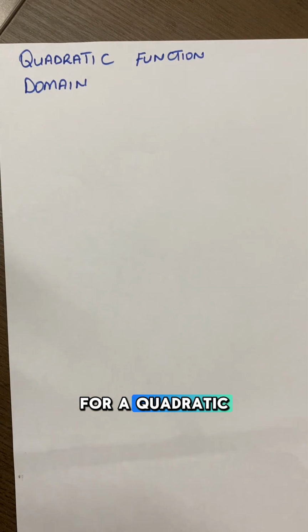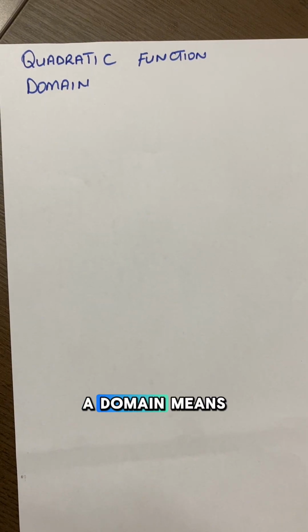For a quadratic function, a domain means where your graph exists on the x axis, and the range where your graph exists on the y axis.